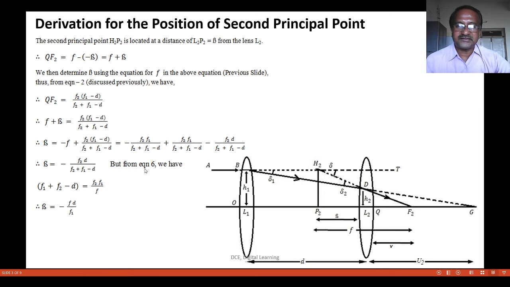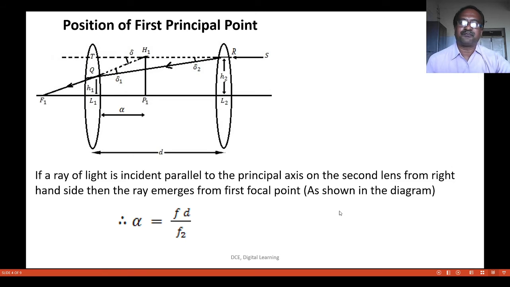In the previous session, from equation 6, F1 plus F2 minus D is equal to F2 into F1 by F. Therefore, on substituting this in this equation, we get beta is equal to minus F into D divided by F1. That means this point P2 lies at this distance from the lens L2.